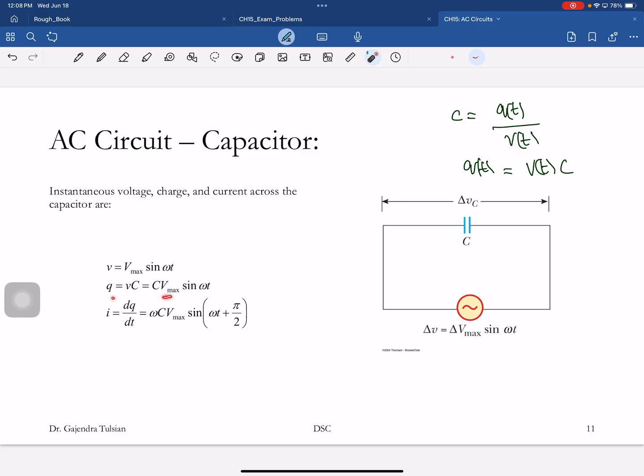So there is the current, and there's the charge on the capacitor, and the current in the circuit is just dQ by dt, which is that. All right, so I is V max over 1 over omega C, sine of omega t plus pi by 2.